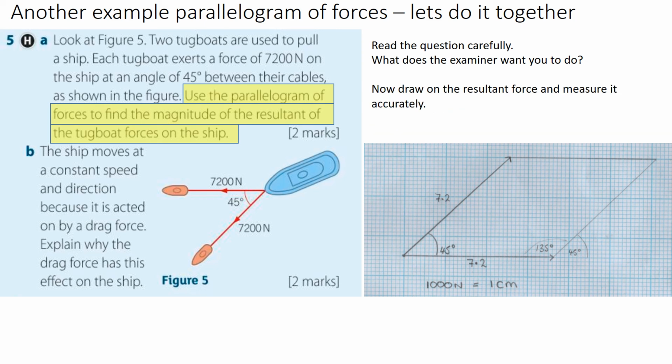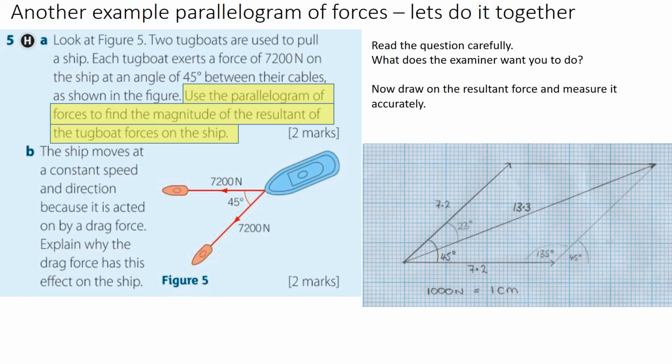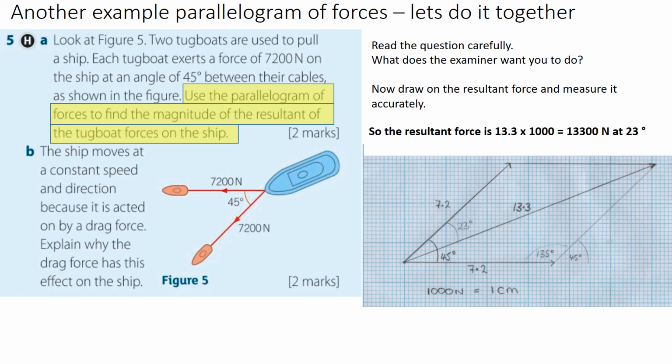And now we've drawn it accurately, we can measure it, which gives me 13.3, and it's 23 degrees to 7.2. Or 13,300 newtons at 23 degrees.